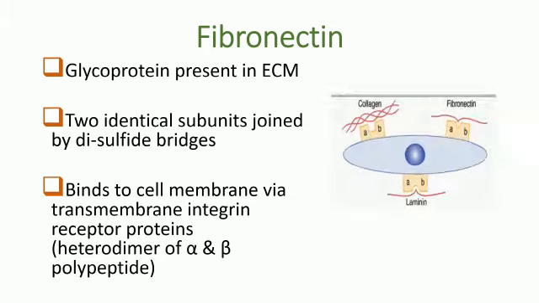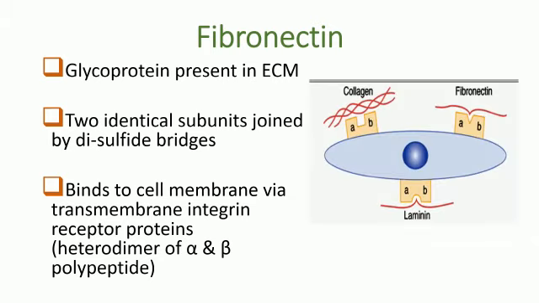Okay, so you can see this is our cell, this is the cell membrane, and this is the extracellular matrix. At the cell membrane here we find the membrane receptor, that is the integrin receptor. It is a heterodimer of two subunits, one is alpha, one is beta.